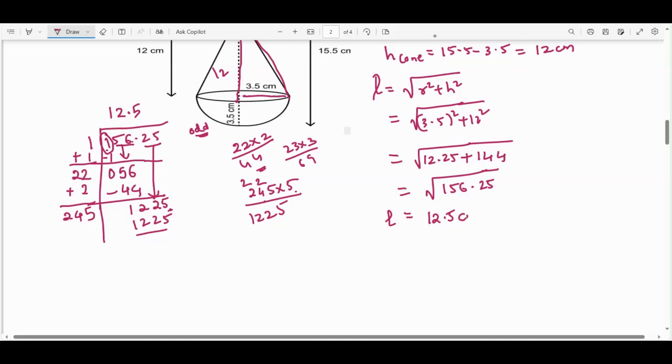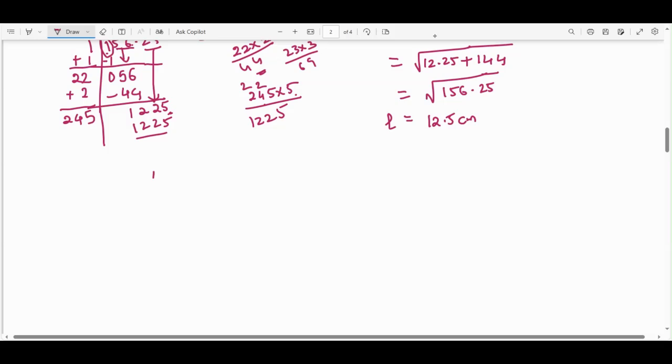That will be in centimeters. Now they are asking you to find the total surface area of the toy. What will be the total surface area of the toy?